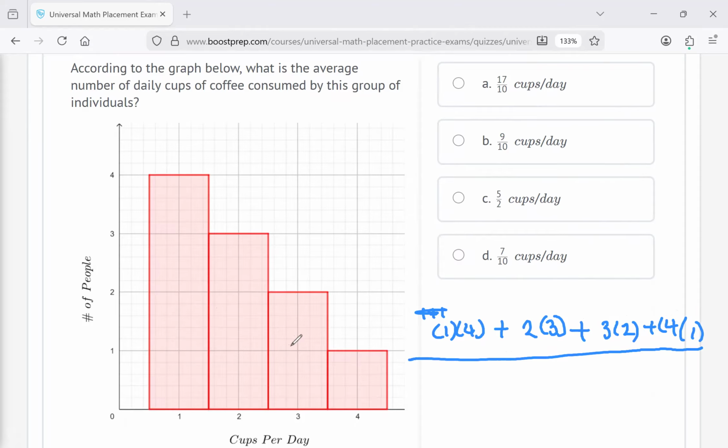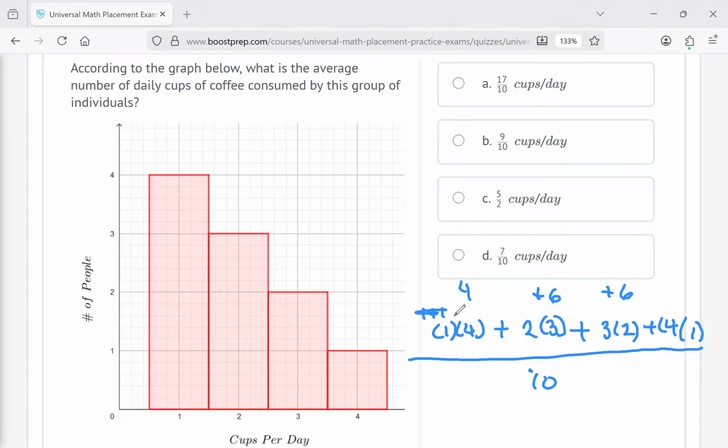So there was a total of 10, right? No, there's 10 total cups. So this is 4. This is 6, 6. Yeah, there's 10.